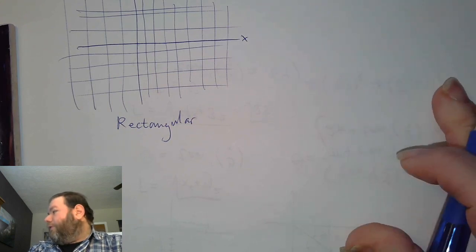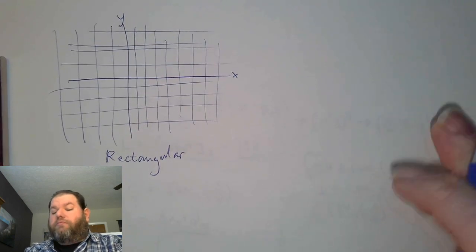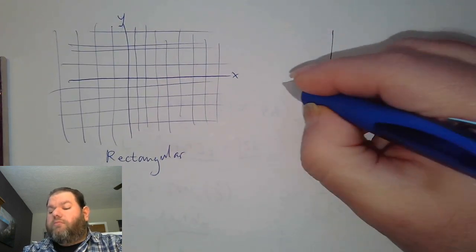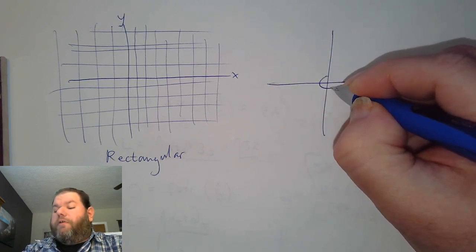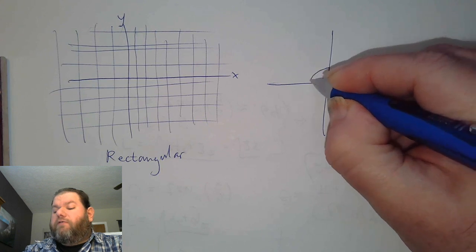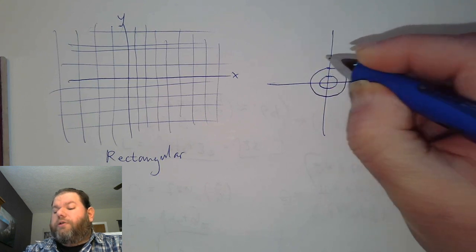Whereas in polar graphing, we think of the radius as concentric circles at the origin.